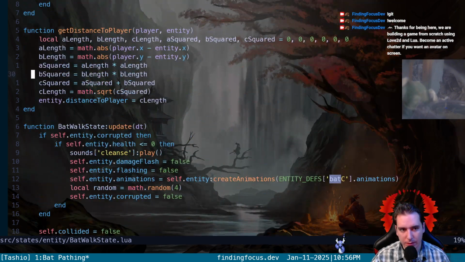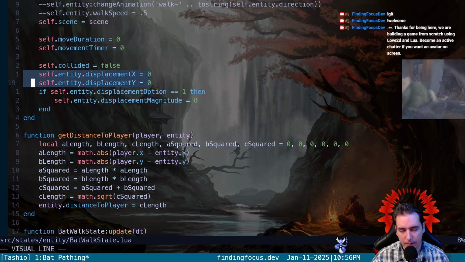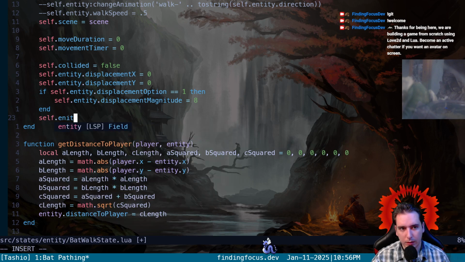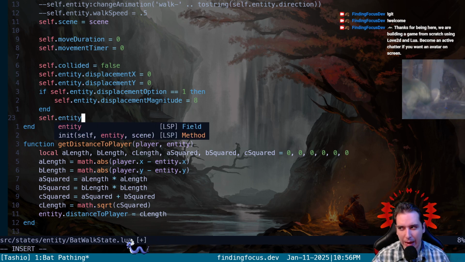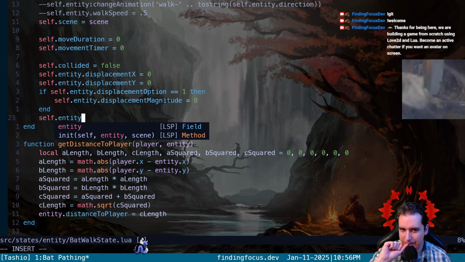So we gave ourselves this displacement X and Y. Now we also need a flag, because the idea is we want this value to go from 0 to the magnitude. So 0 to displacement magnitude of 8, back down to 0, back down to -8, back up. Now I guess we could just keep it positive. Let's do that.